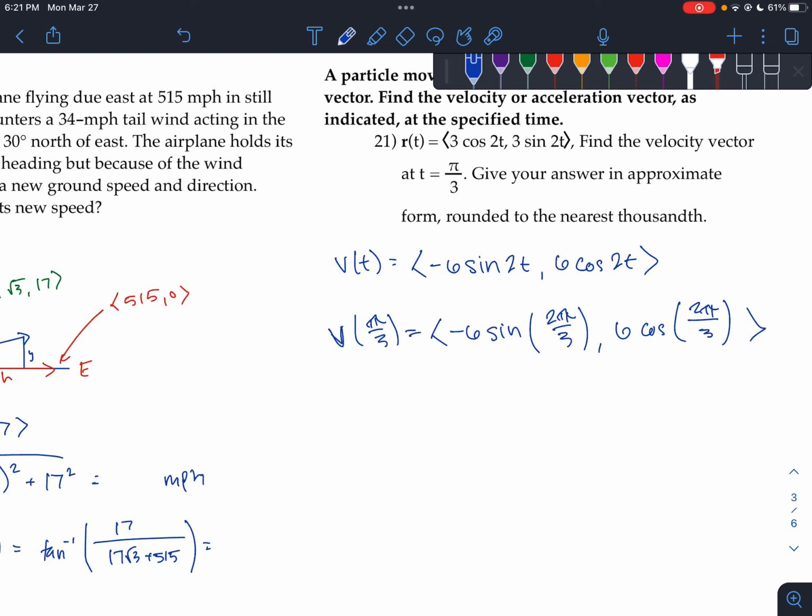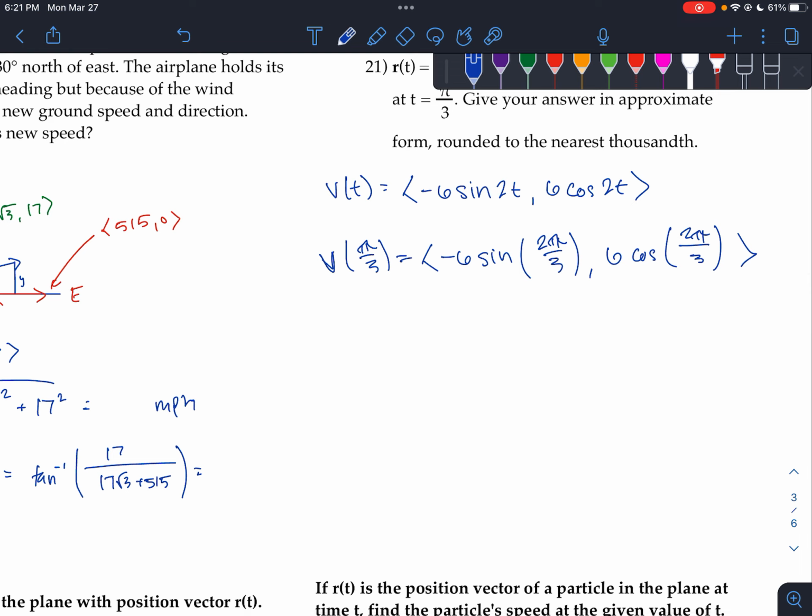And then, cosine of 2 pi thirds. So, trying to think, 2 pi thirds. If you do a quick sketch of that: pi thirds, 2 pi thirds, 3 pi thirds. So 2 pi thirds would probably be like that. So this is pi thirds, which is 60 degrees.